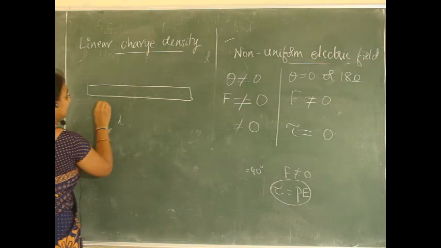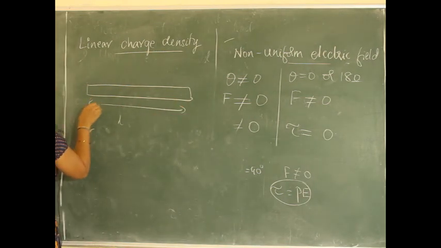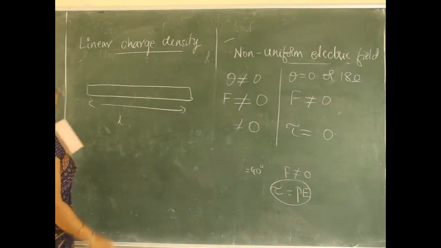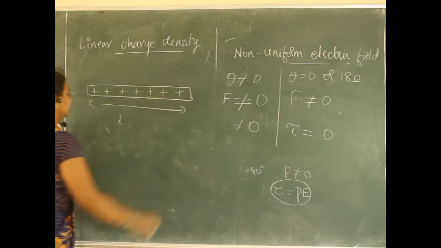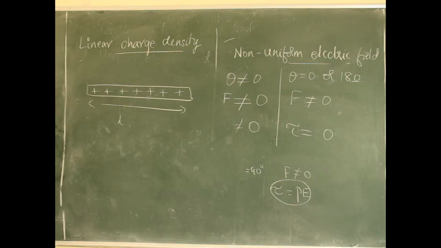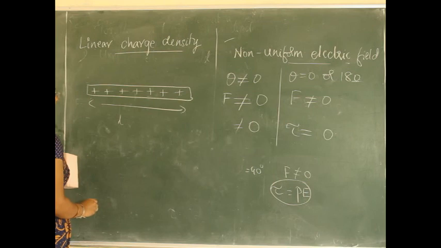If L is the length of the conductor and n number of charges are present inside this, then what is linear charge density? It is nothing but charge per unit length.